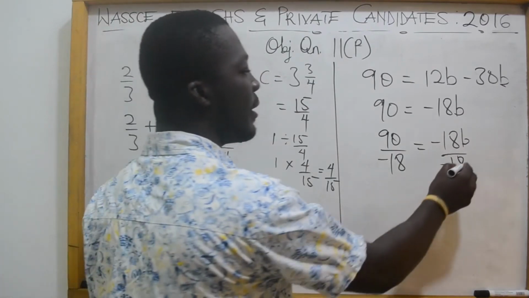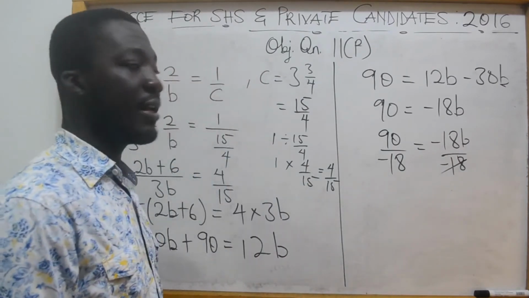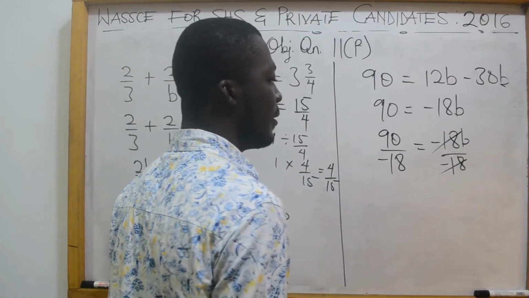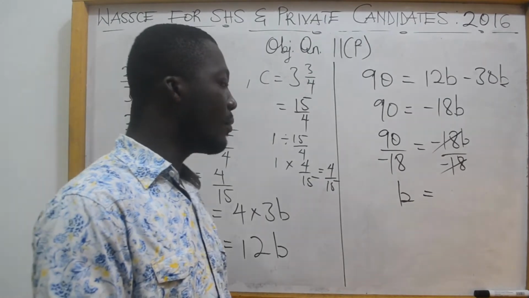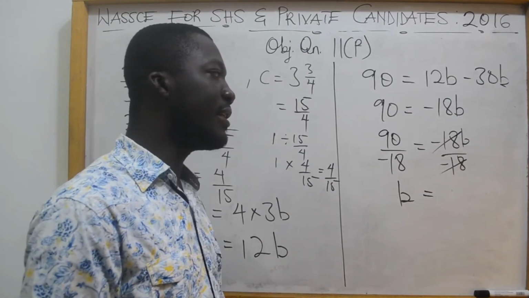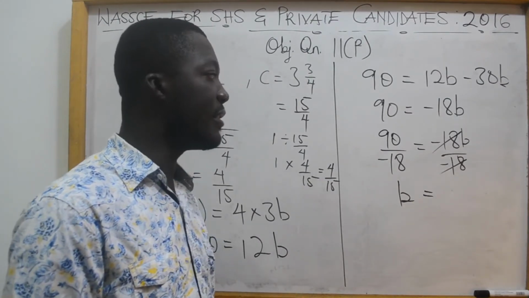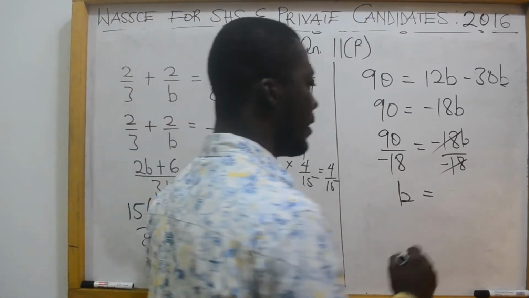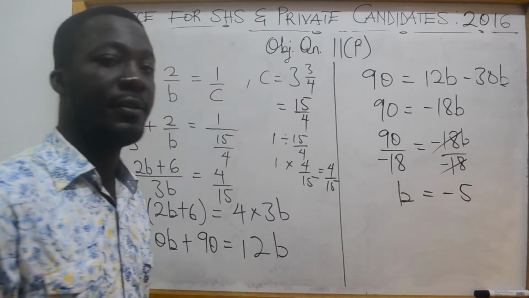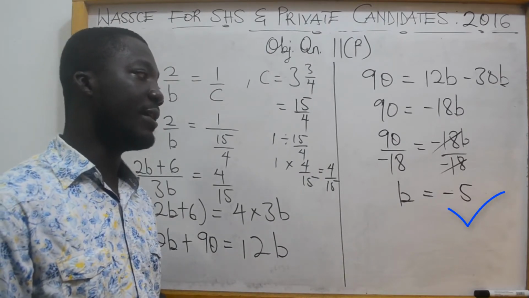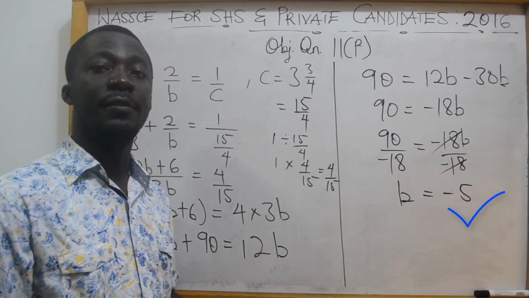So negative 18 will cancel negative 18, then B will be equal to negative 18 goes into 90, it will be negative 5. So the value of B is negative 5.